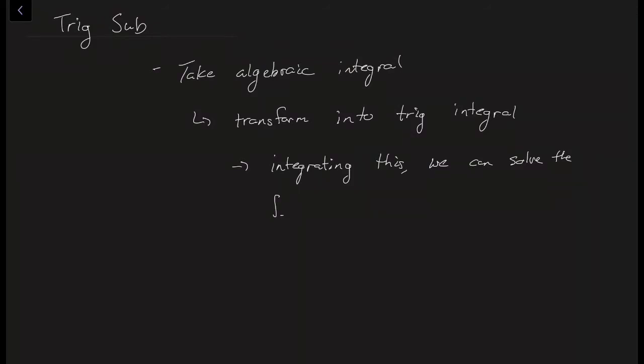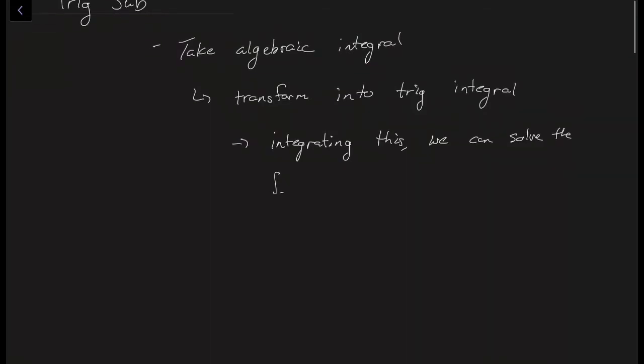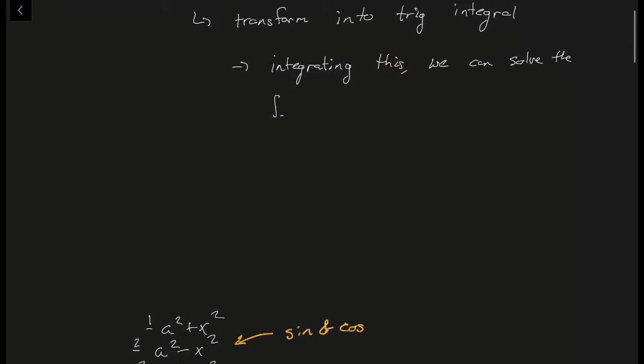And then by integrating this trig function, we can actually solve the integral and either get a number if it's a definite integral, or we can get a value in x or whatever variable we started with just by doing reverse substitutions.